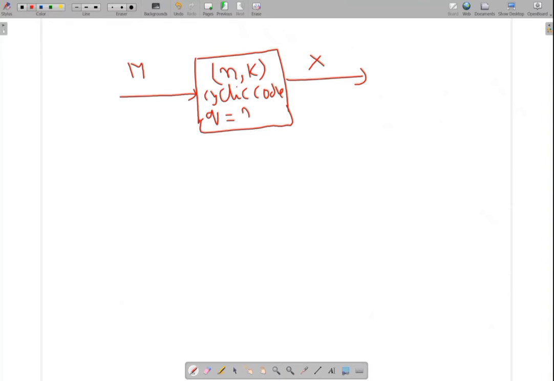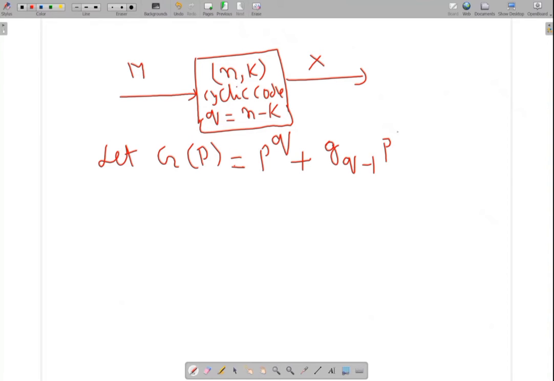q is equal to n minus k parity check bits. Let generator polynomial g of p be of the order q: p power q plus g q minus 1 p power q minus 1 plus g q minus 2 p power q minus 2, and so on, g1 p plus 1.